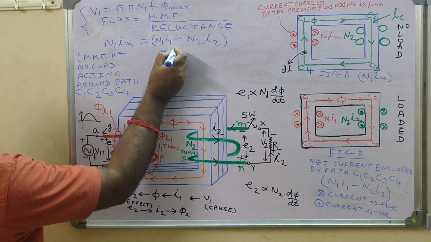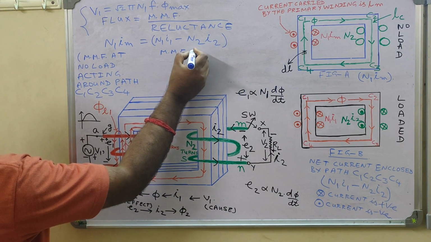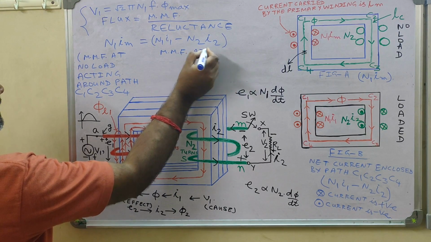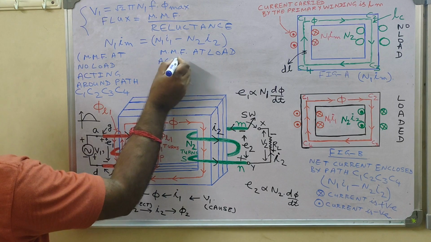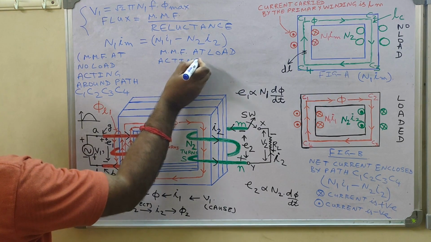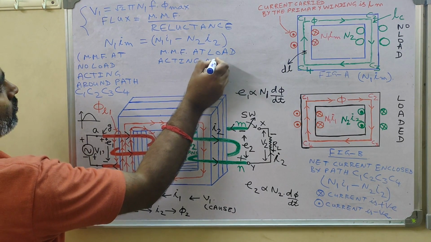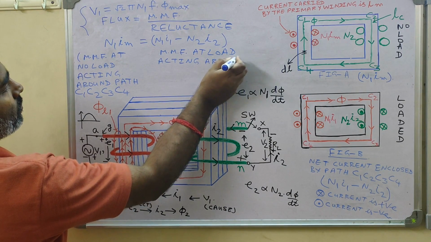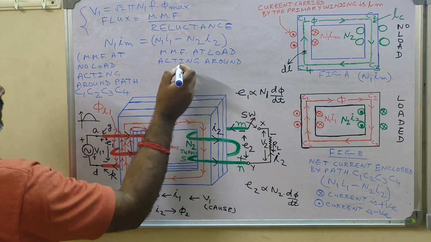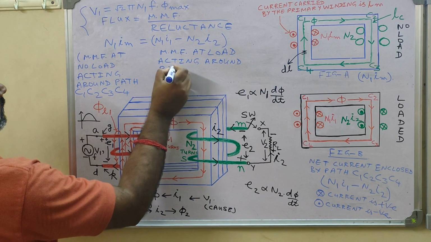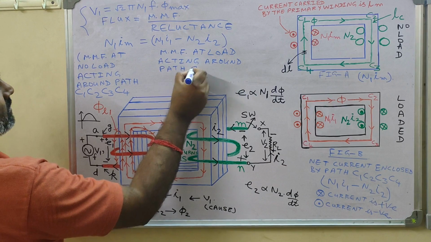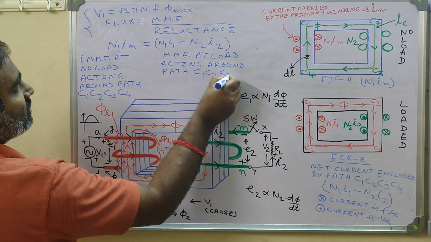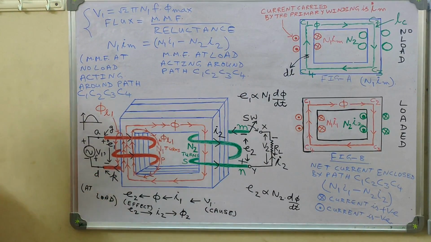So this MMF is at load condition, acting around the same path, C1, C2, C3, C4.